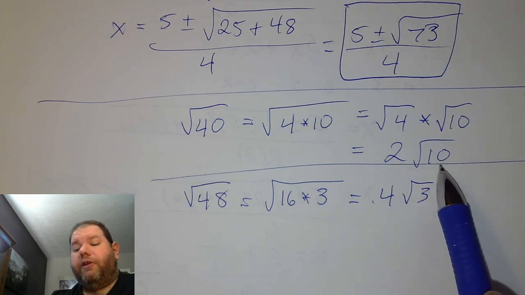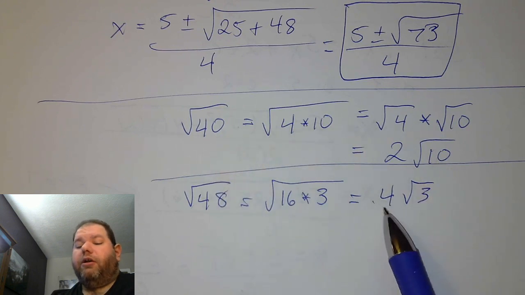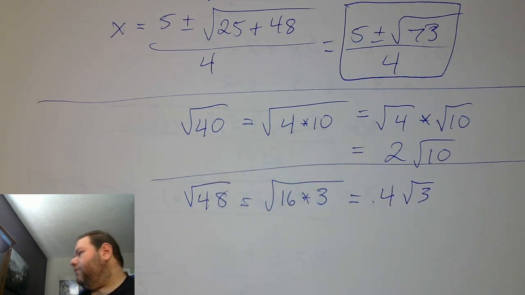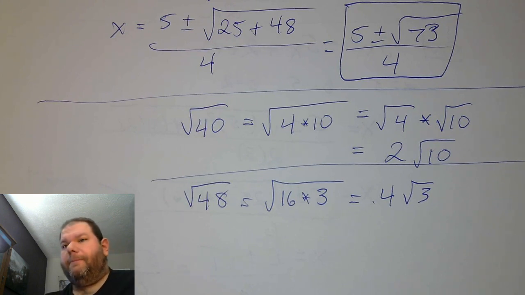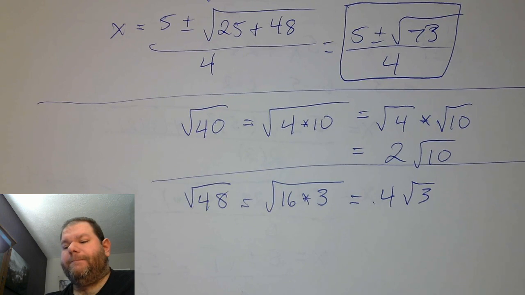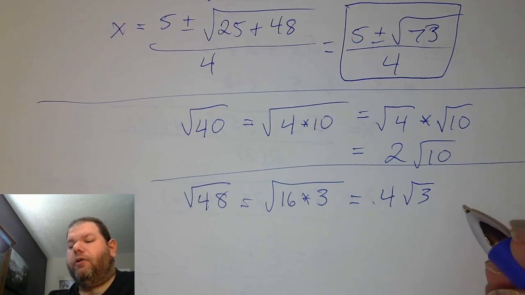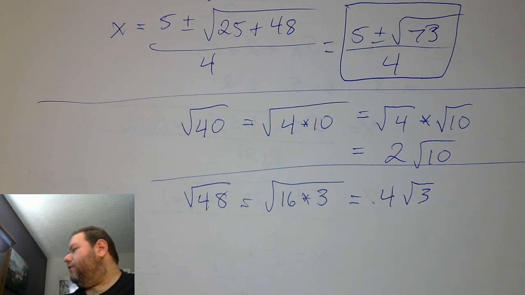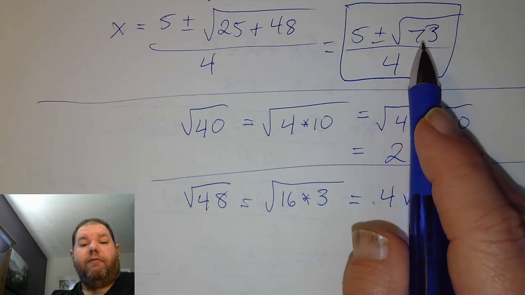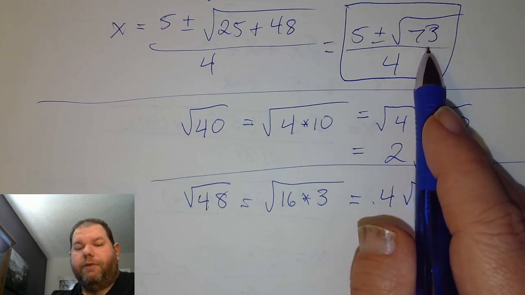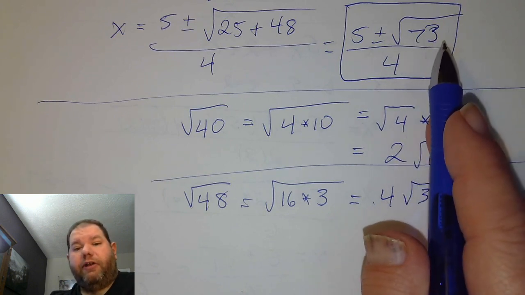So 2 square root 10 in the case of root 40, and 4 square root 3 in the case of root 48. But there are always going to be cases like 73 where we just can't break the number up any further, and that's just our answer right there.